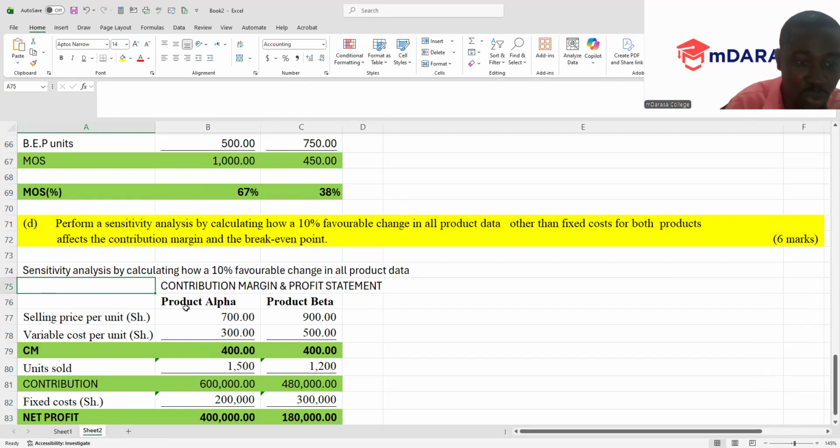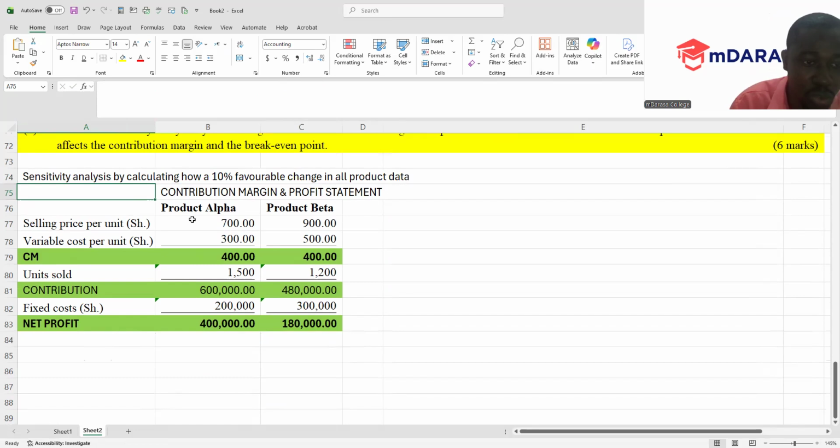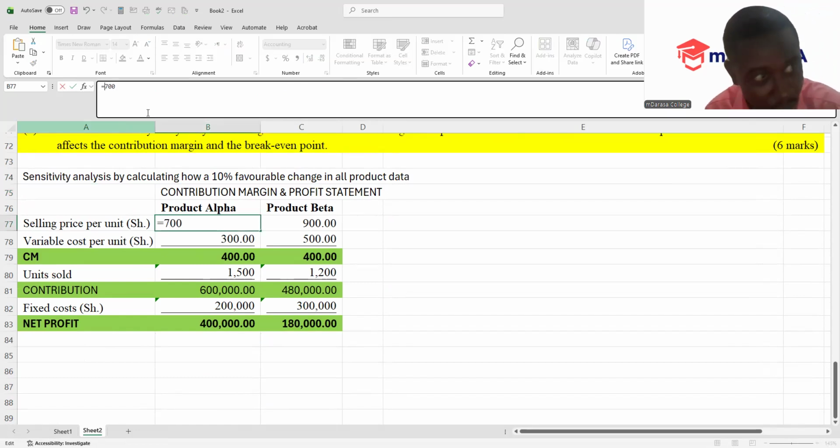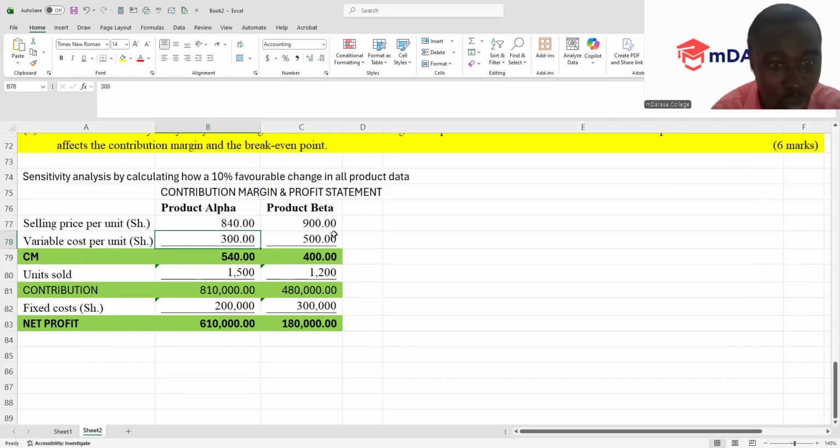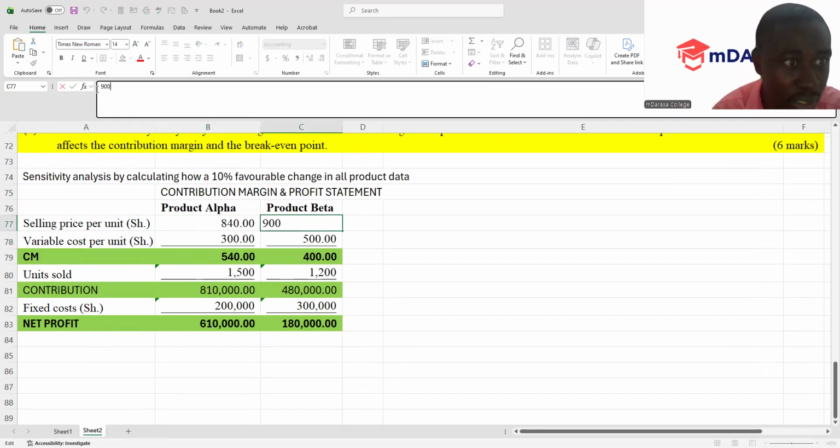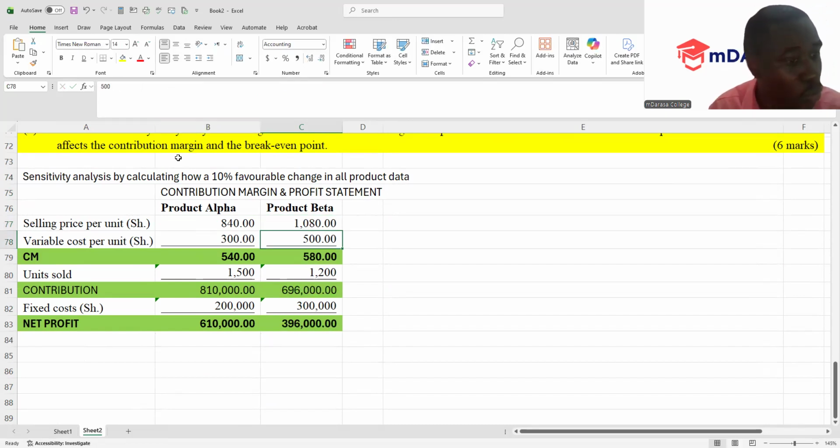So what are we going to do? If it is a 10% variable change, meaning that our sales will increase by 20%, so by 1.2, yeah. Sales, same case, this will increase by 1.2. What about variable cost per unit?